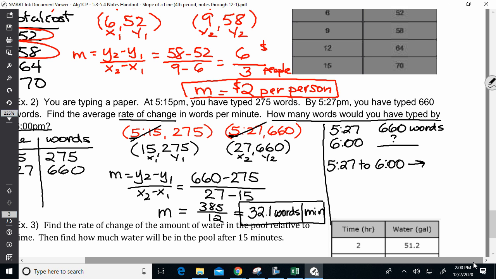Not 43. 43 would put you at 6:10. 42 minutes would be 6:09. So you want to know how much time passes from 5:27 to 6 o'clock.